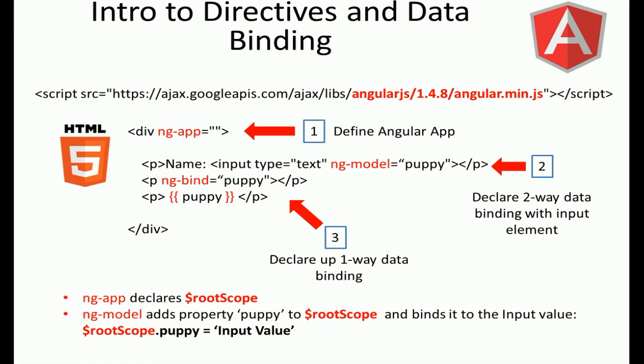Angular is very powerful, and there is a lot going on in the background. You can see in this small application there is an ng-app directive, an ng-model directive, and an ng-bind directive. The ng-app directive defines the AngularJS application. ng-app declares that everything within this div element is recognized as an Angular application.